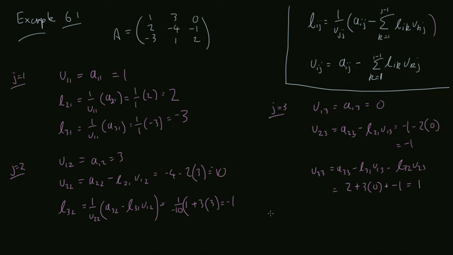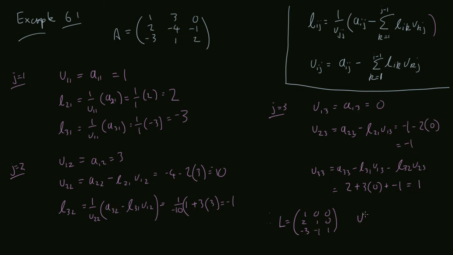Okay, so therefore our L matrix is a lower triangular matrix with 1s on the main diagonal. We calculated L21 to be 2, L31 was minus 3, and L32 was minus 1.